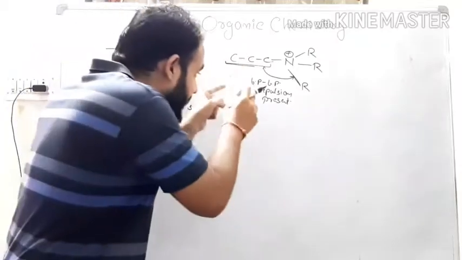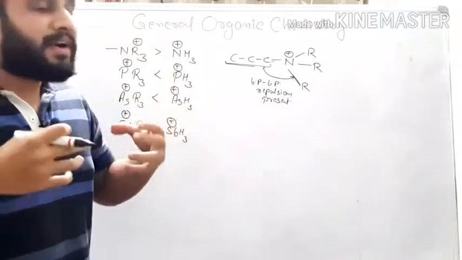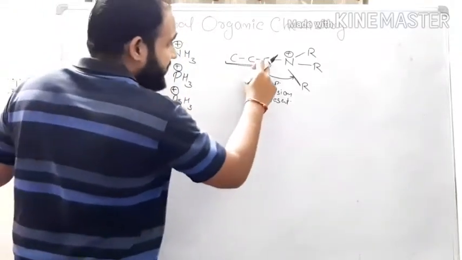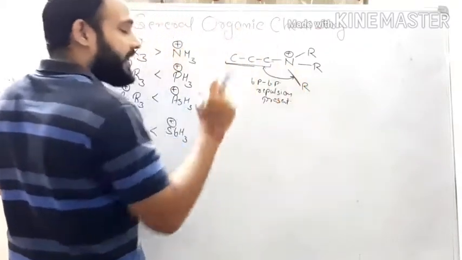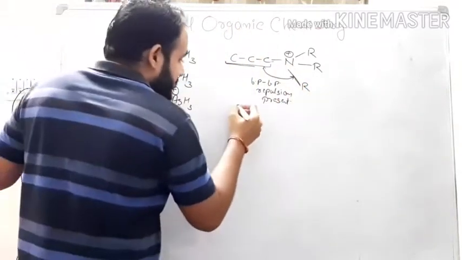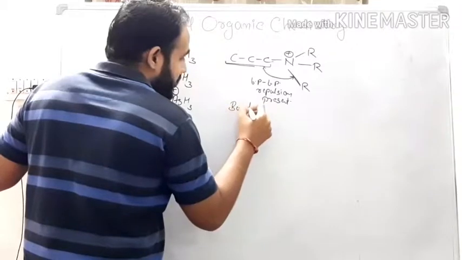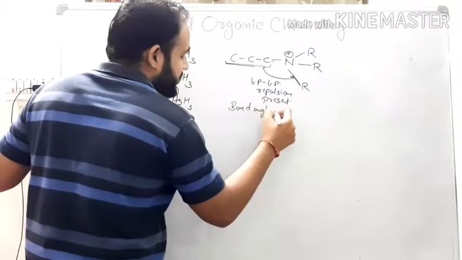So because of bond pair repulsion, the bond angle between this carbon chain and this alkyl group will increase. So it means your bond angle theta will increase.